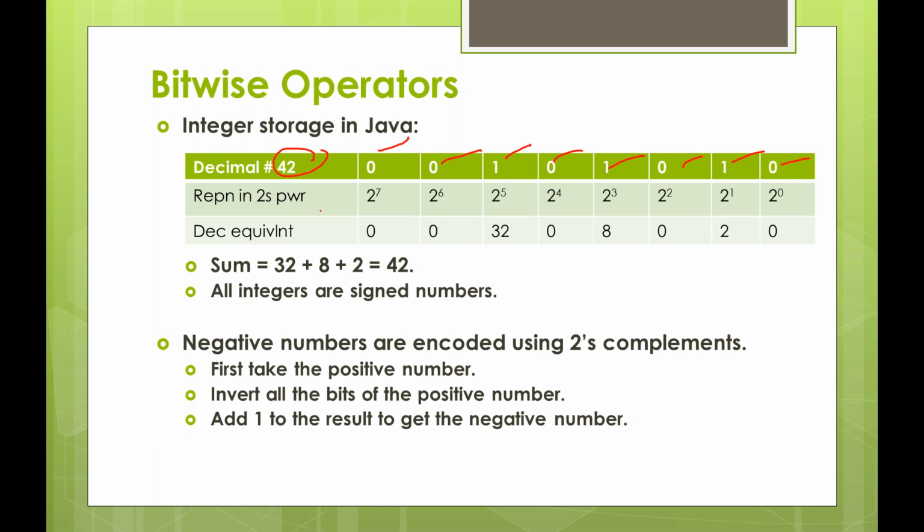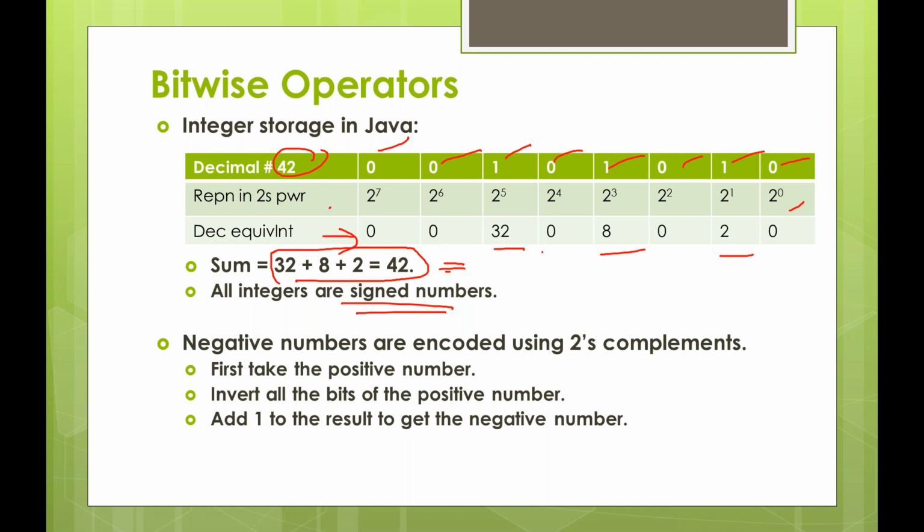If we write those in powers of 2, we get the decimal equivalent: 32, 8 and 2, that is the number. We already know how to convert binary to decimal, right? This is how we convert it.